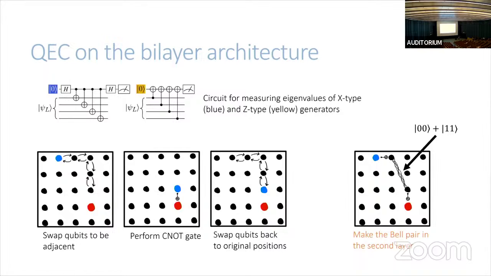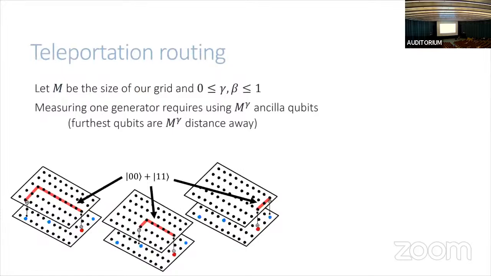And if we can do a bunch of them in parallel, then perhaps we can make it worth our while. So yeah, we need to figure out a way of constructing all these Bell pairs in parallel, essentially. And this process, in general, can be referred to as teleportation routing.